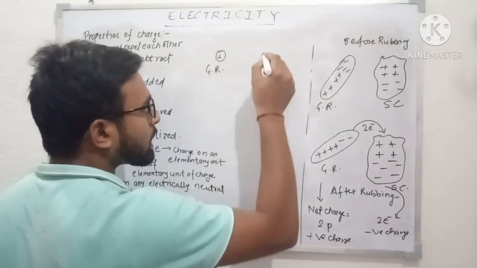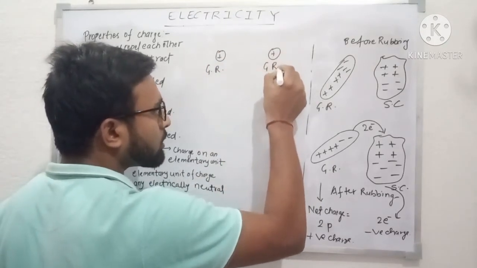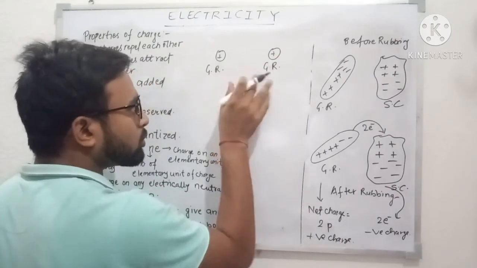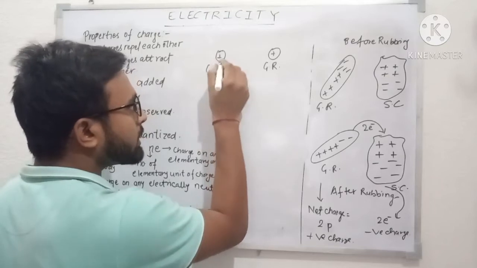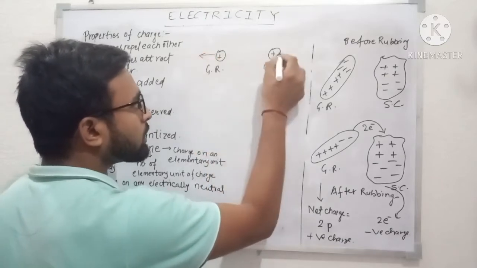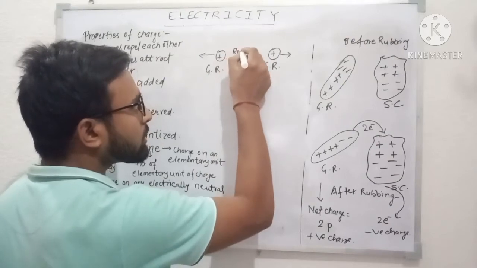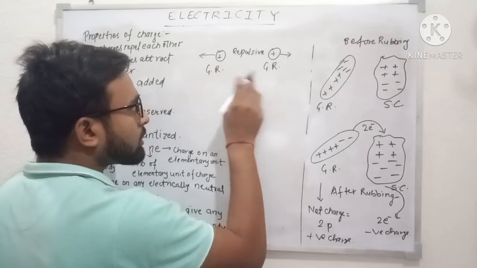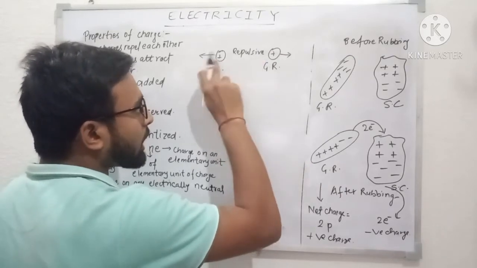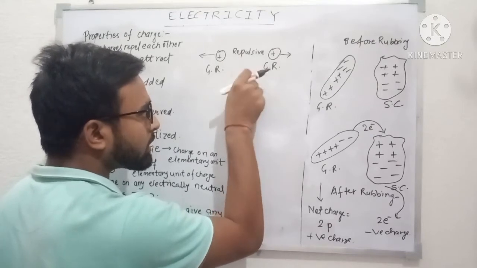If we rub another glass rod with silk cloth, that glass rod also acquires positive charge. When these two glass rods are placed nearby, they experience a repulsive force. Which type of force? Repulsive force. Same charge, positive here and positive here, they experience a repulsive force.